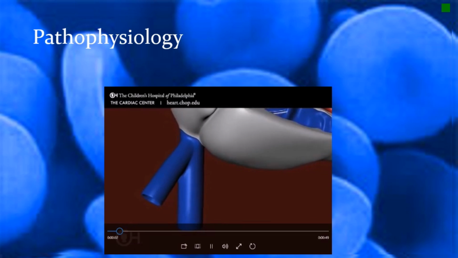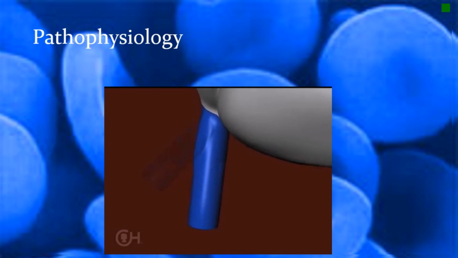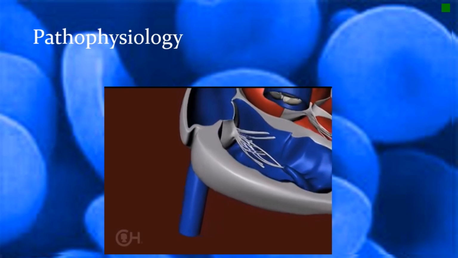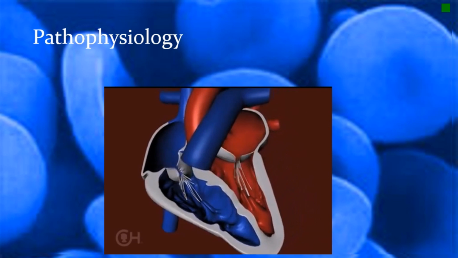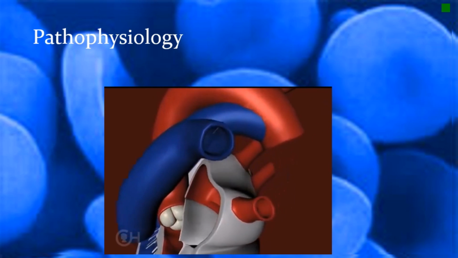As soon as the cord is clamped, the ductus venosus ceases to carry blood to the heart, and it begins to constrict within the first few hours or days of life. The very first thing that happens when the fetus is born is it takes its first breath, the lungs expand, and so the resistance or pressure in the lungs drop, and that promotes blood flow into the lung itself.